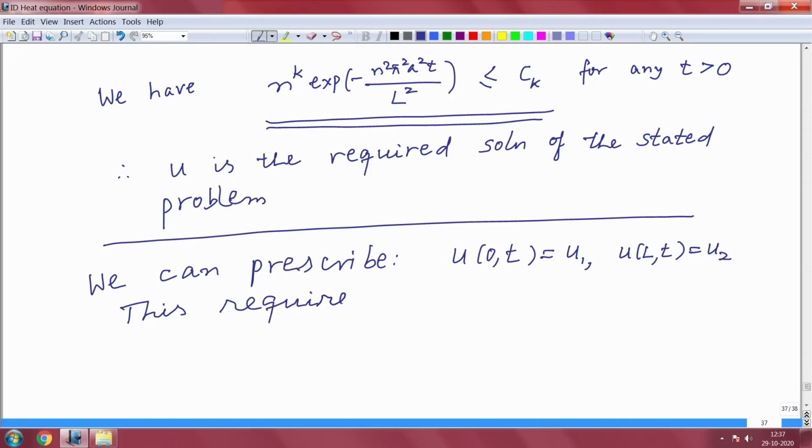Linearity is very important. This requires adding the term. So what term do you add?